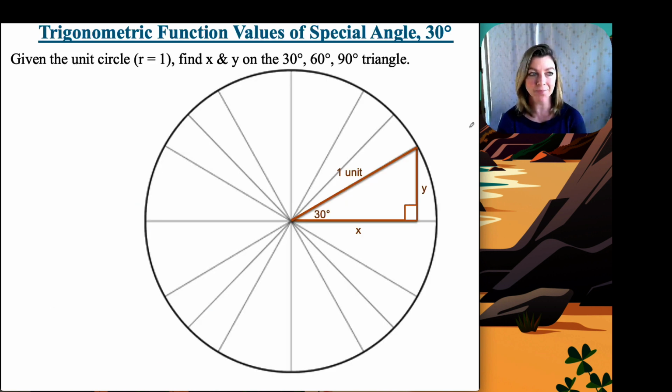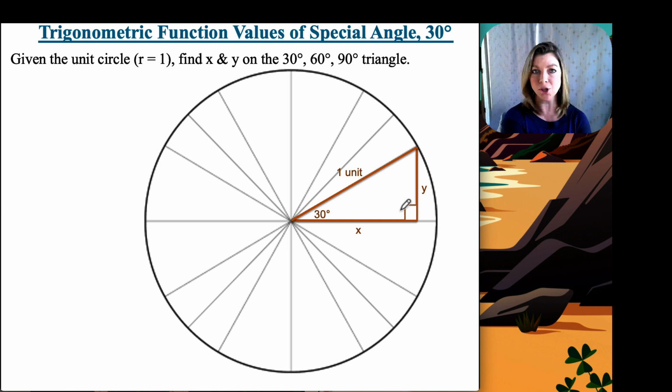Next, we're going to look at the trig function values of special angles. So we're going to start with a 30-degree angle. Given the unit circle where r equals 1, we're asked to find x and y on the 30, 60, 90-degree triangle. That's why 30 degrees is a special triangle.